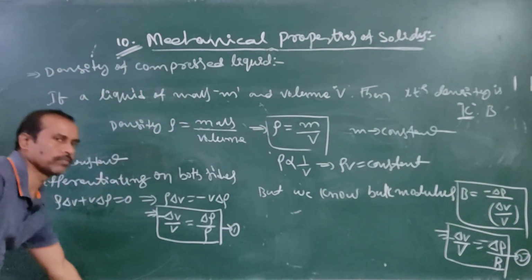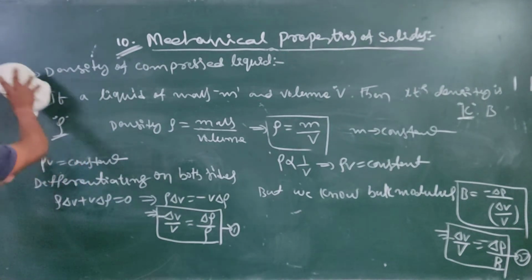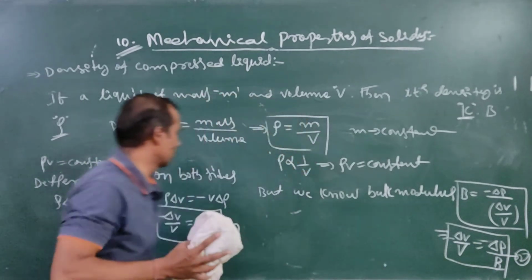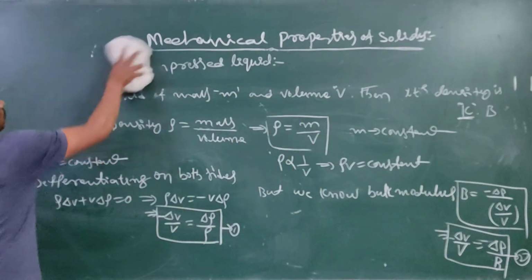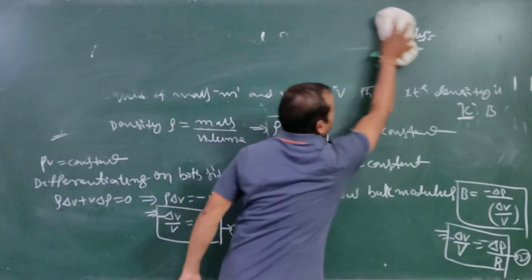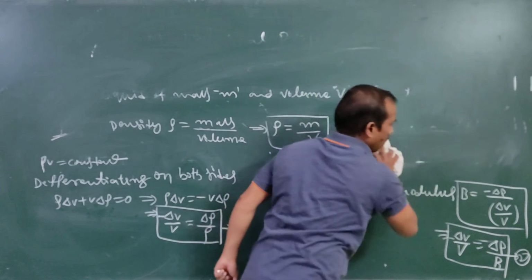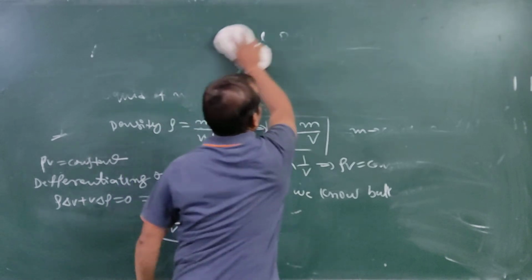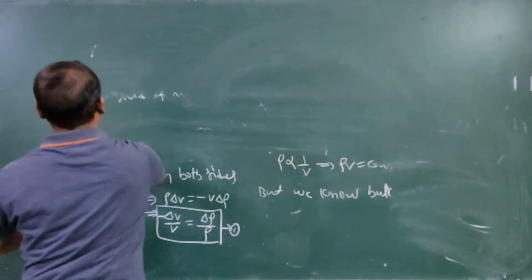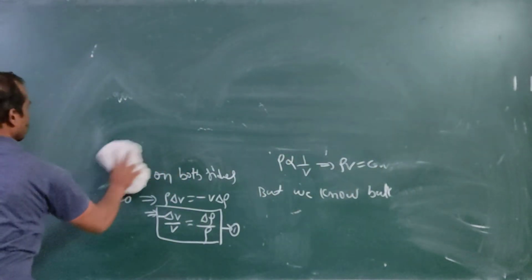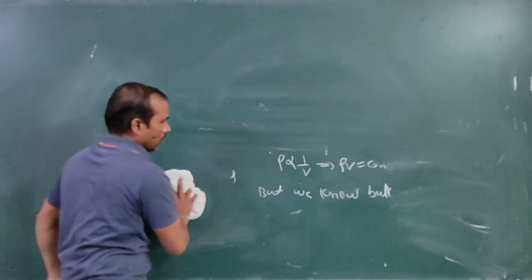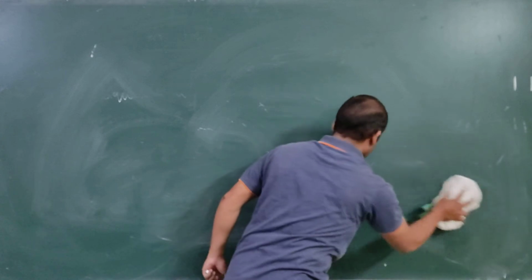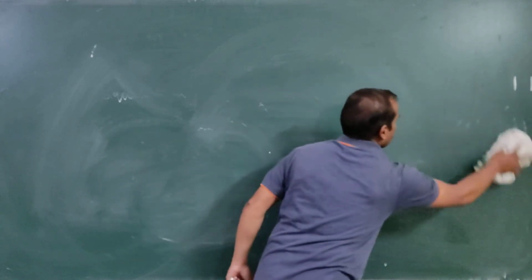From equation 1 and 2, we will get the change in density of liquid after compression.